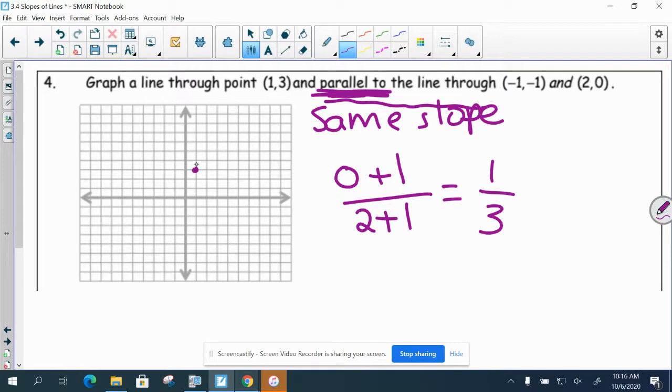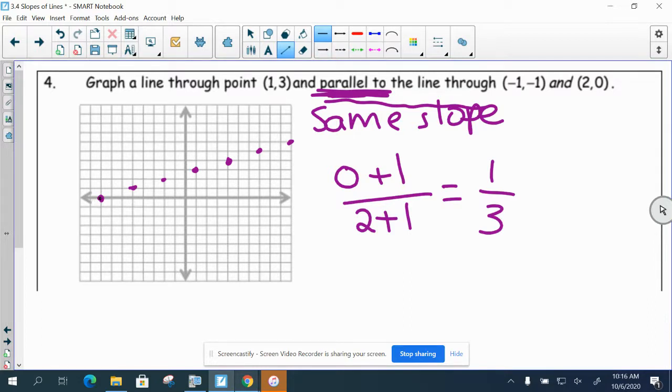From this point, we'll go up 1 over 3, plot a point, up 1 over 3, and then we're going to plot as many points as possible. For you, you're doing it in your notebook, so you don't need as many points as possible, but get a good amount of points so that you can accurately draw a line. And then you also want to get your straight edge.